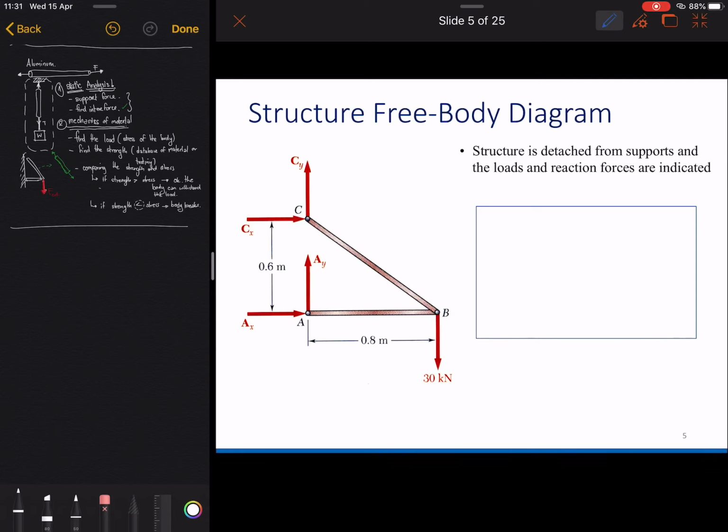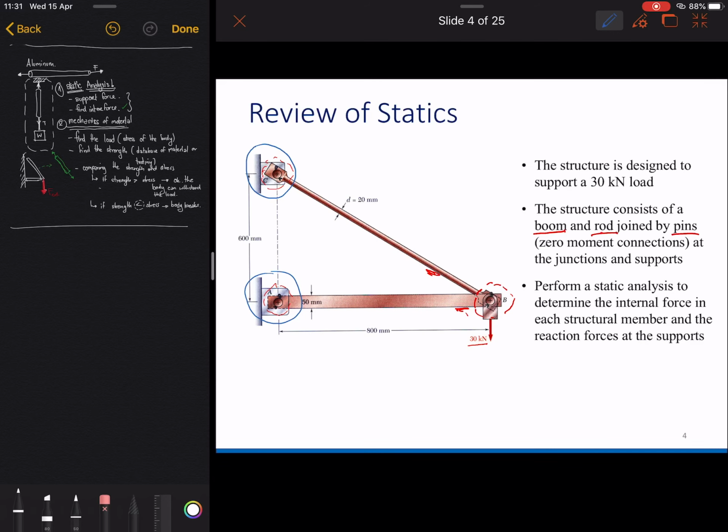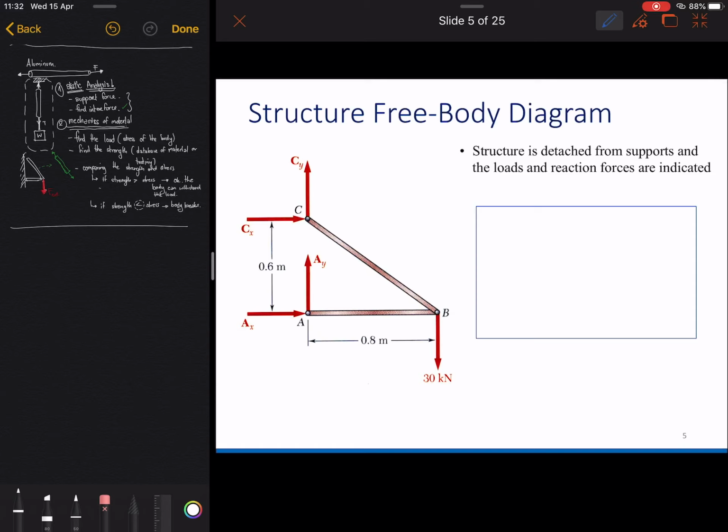But you can see that there are no supporting moments, because we have a pin there, so it can rotate and the moment is zero. We consider the static equilibrium of this system.